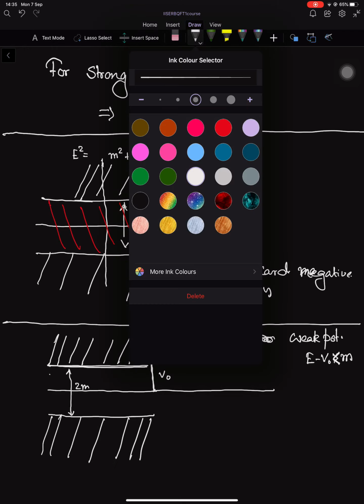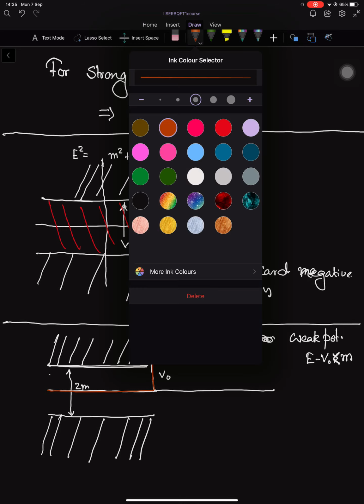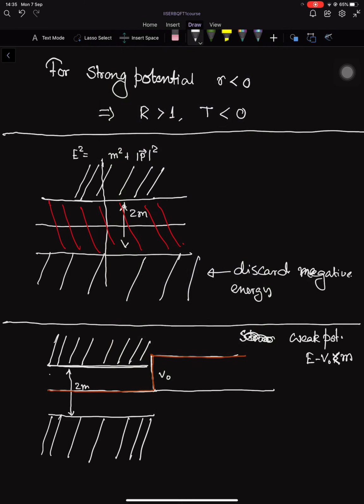Actually, let's draw the potential with a different color. So we are somewhere here.